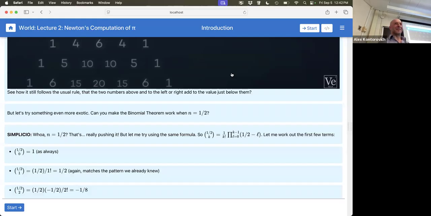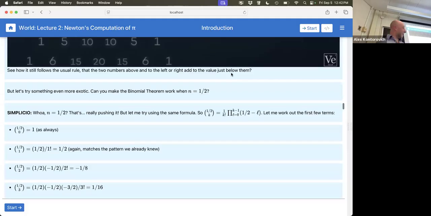Exactly right. A half choose 3 is a half times a half minus 1, which is negative a half. Half minus 2 is negative 3 halves. And 3 factorial. So there's a 3 on top, 3 on bottom. And then 2, 2, 2, and another 2 from 3 factorial. 2 minus signs, so it's positive 1/16.